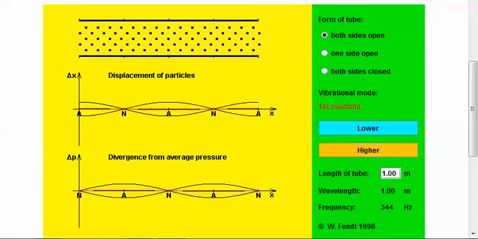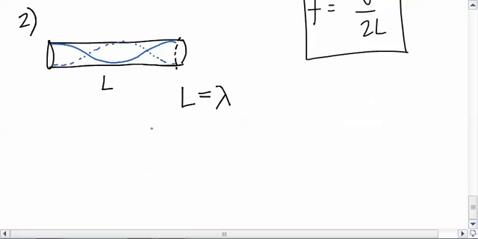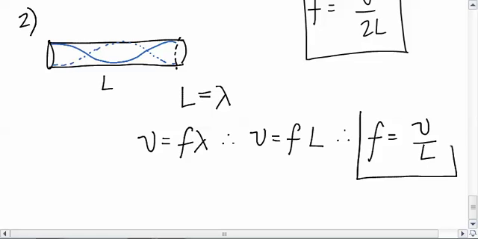All right, so let's look at this length here. This length has a whole wave in it. Same song and dance. If speed is frequency times wavelength, then the speed is frequency times L. Therefore, the frequency is speed divided by L. Okay, can I pause here and just see if these guys are beginning to look familiar?